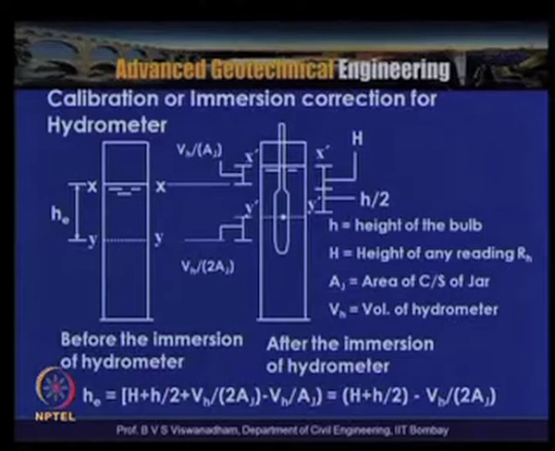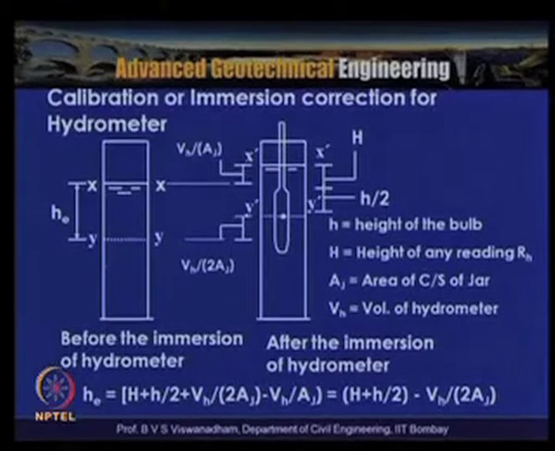When the top surface is XX and the surface at which the center of the bulb meets is YY, and the bulb is placed, there is a rise in the water. The rise in the water suspension is given by VH by AJ, because VH is the volume of the hydrometer and AJ is the area of the jar in which the experiment is performed.